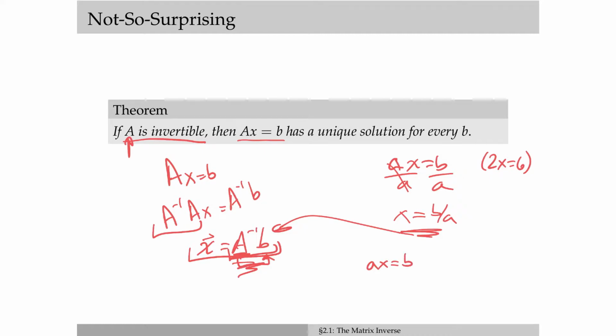Now, 1 over a, if you remember your negative exponents, is just a inverse. And I multiply here by a inverse as well. Those give me 1. It's like x equals a inverse times b. Well, a inverse is nothing more than 1 over a, and b times 1 over a is just b over a. So what we've done here is nothing more than what we did in grade school.